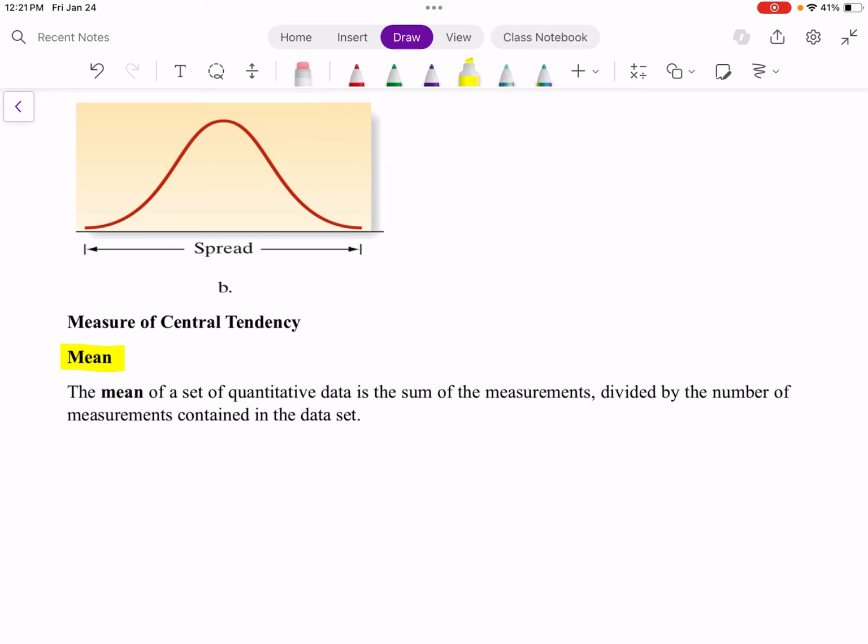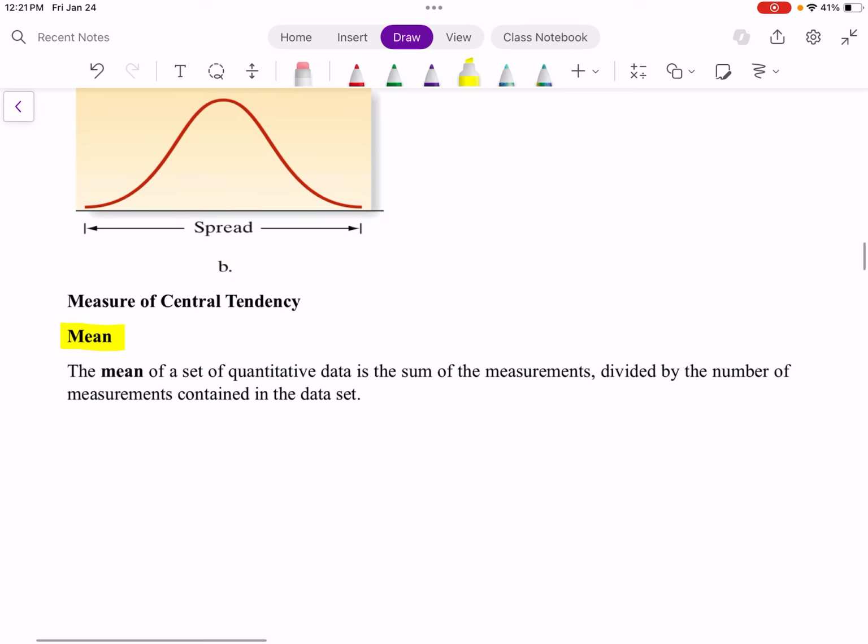It gives us the average value of the measurements. And how do we find the mean? We find the mean of a quantitative data set by summing all the measurements and dividing by the number of measurements contained in the data set. We add each measurement and divide that sum by the total number of measurements.